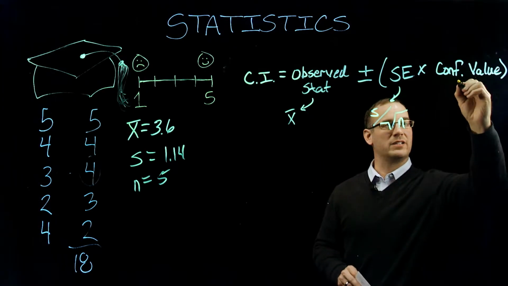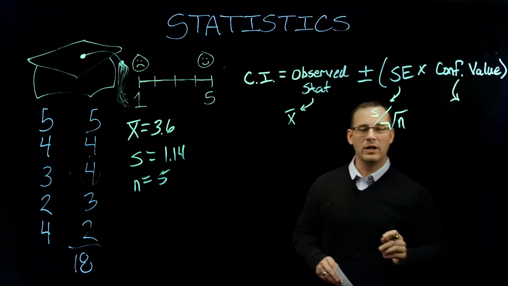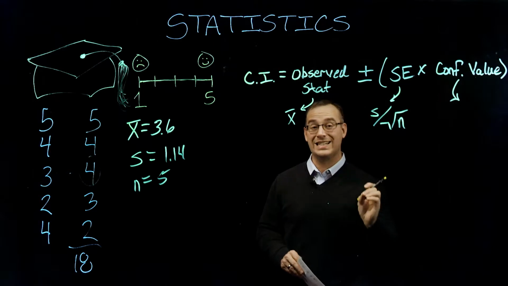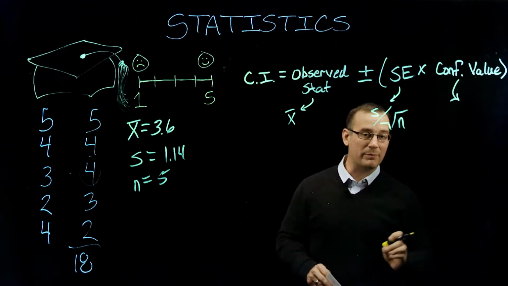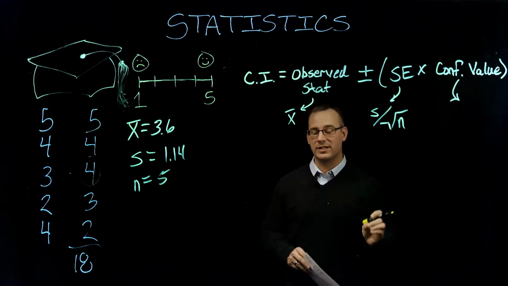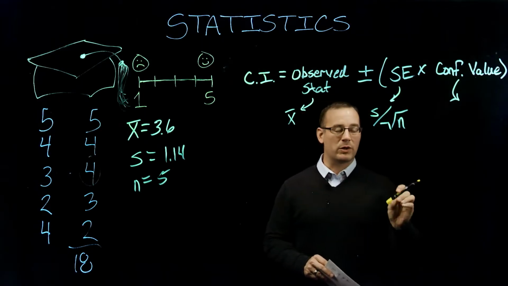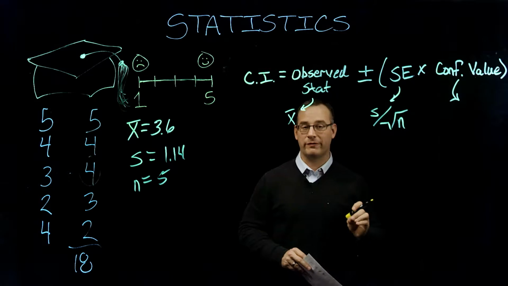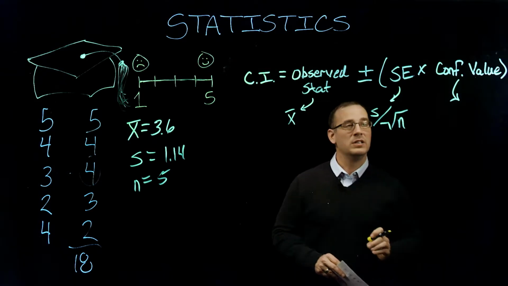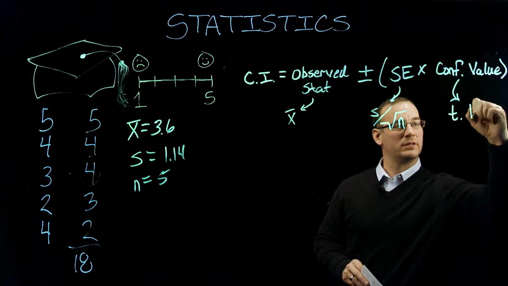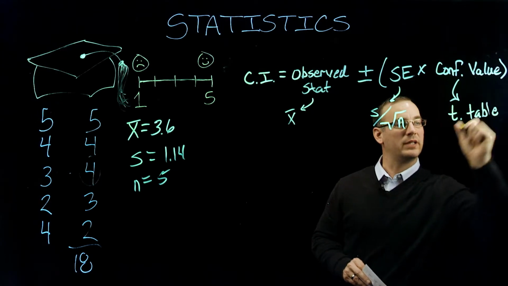Our confidence value we're going to get from a t-table. You can easily look these up on the internet, and many stats books have them in the appendix at the back.